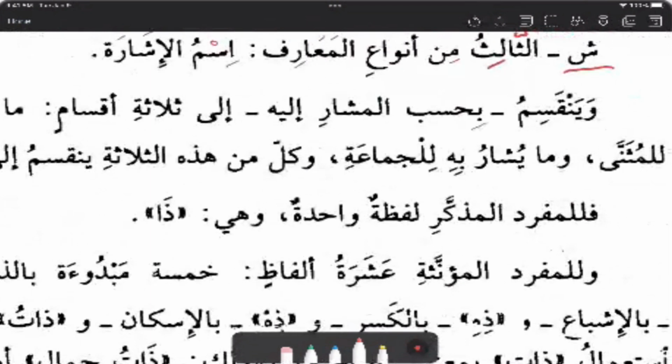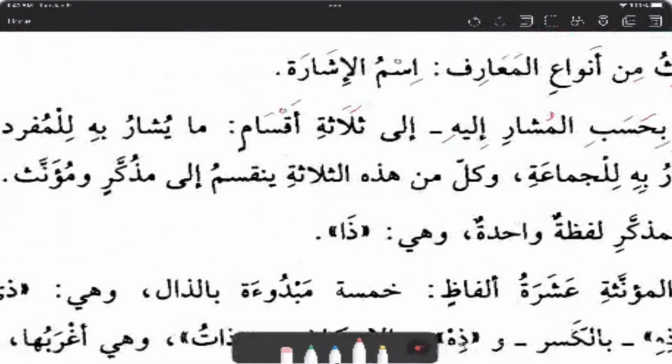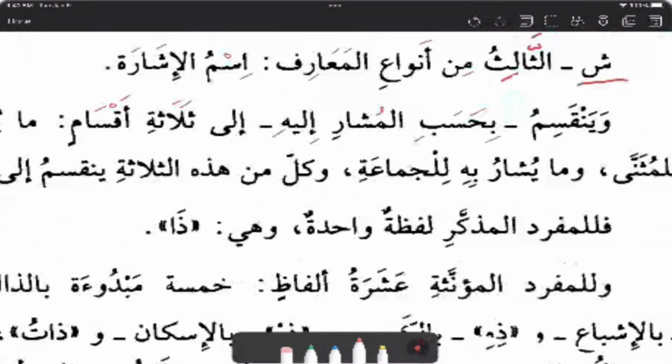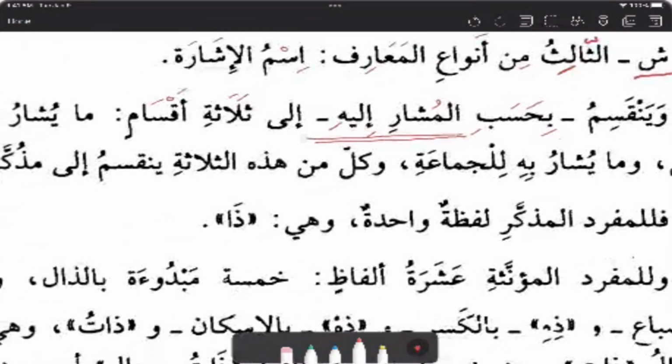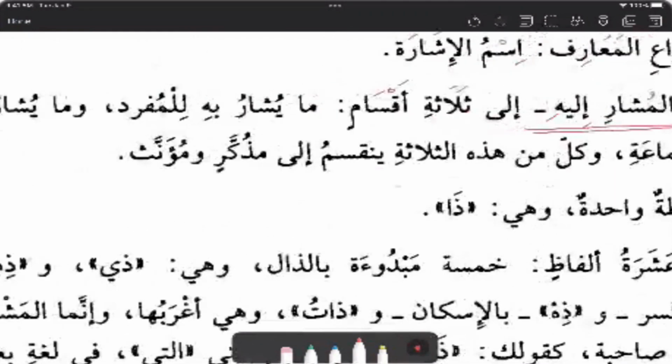And depending on what's being pointed at, al-musharu ilayhi, this nominal has three divisions.